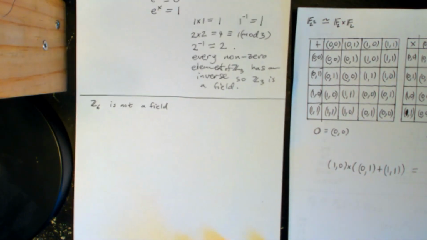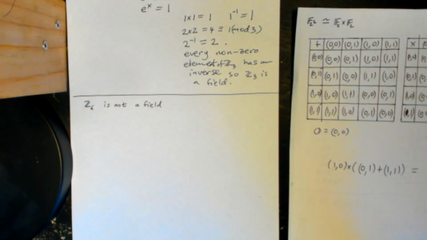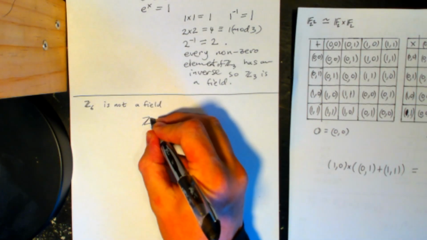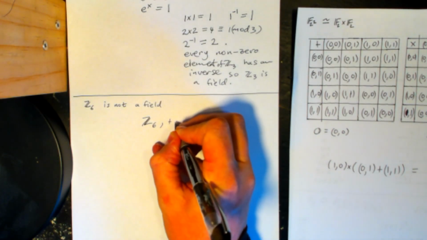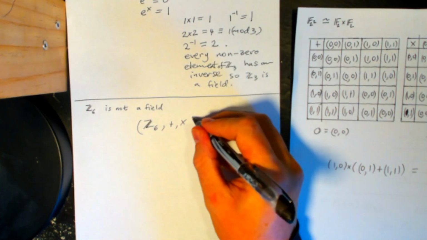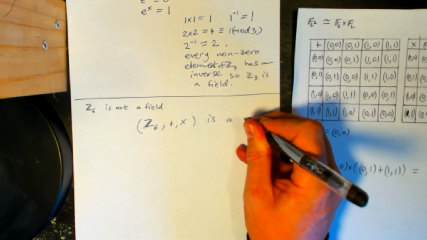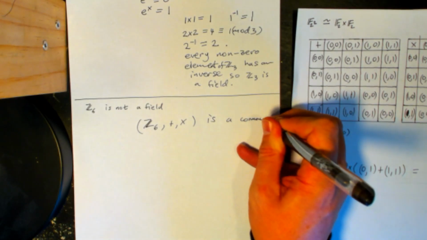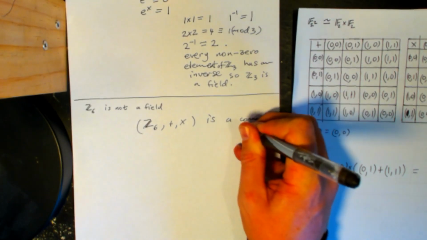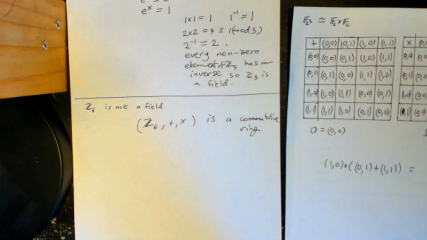Okay, so let's briefly discuss this one now. We've already discussed that integers mod 6 together with addition and multiplication is a commutative ring. Right?